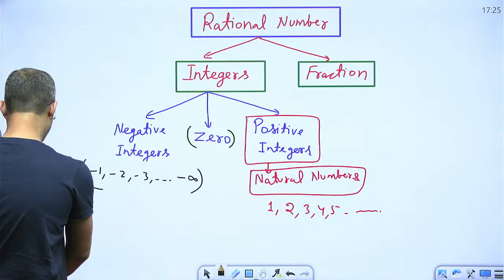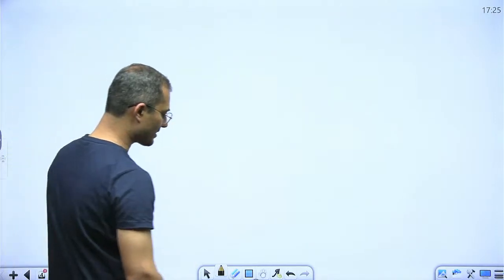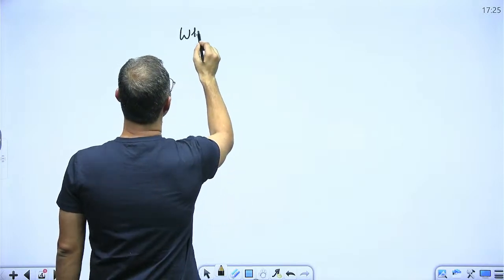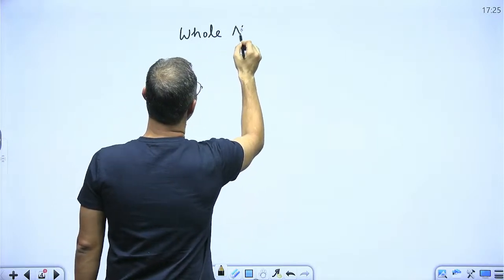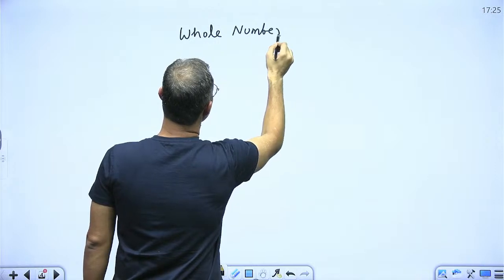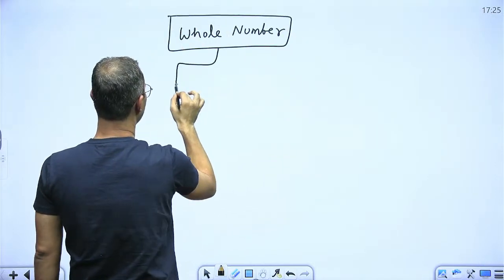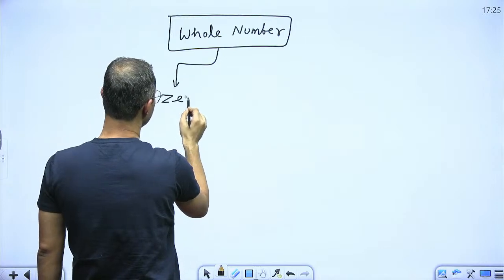So moving to the next part. Next is whole numbers. So what are whole numbers?